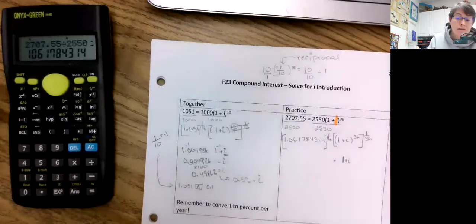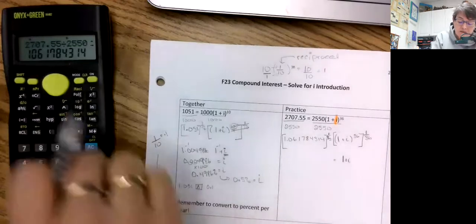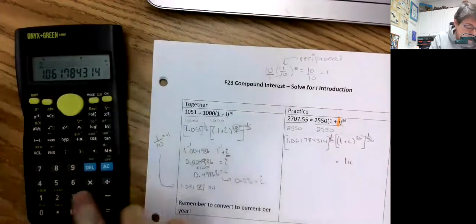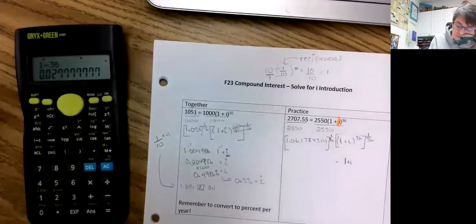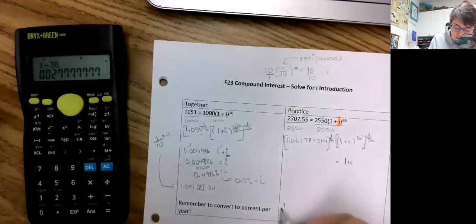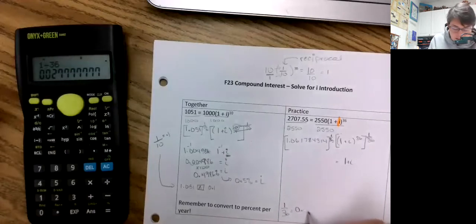I'm trying to figure out how to do this without having to retype a bunch of stuff, but I can't. So 1 divided by 36, I'm just going to do that. I'm going to write that 1 over 36 is equal to 0.027 repeating.